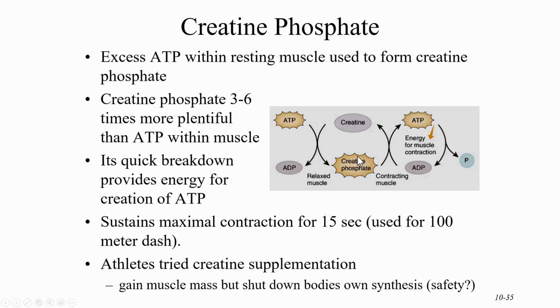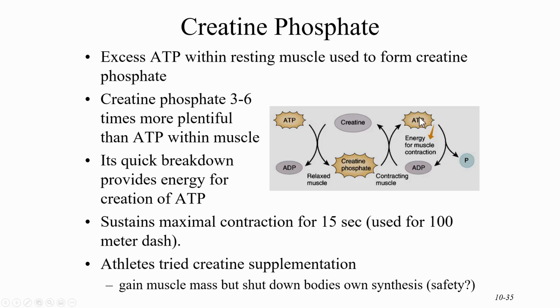We're going to get it from the creatine phosphate. So it releases its phosphate. Now, anytime we snap off that phosphate, energy is released. And so that energy then phosphorylates the ADP and turns it into ATP.